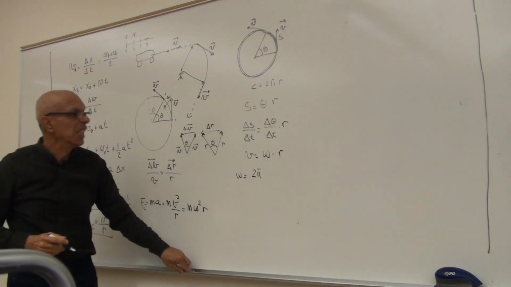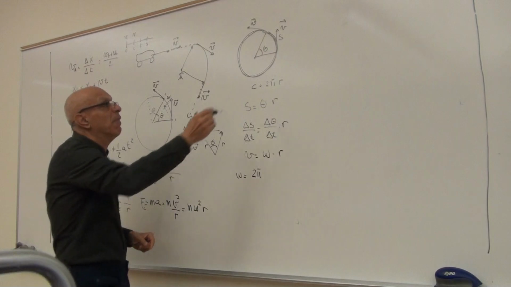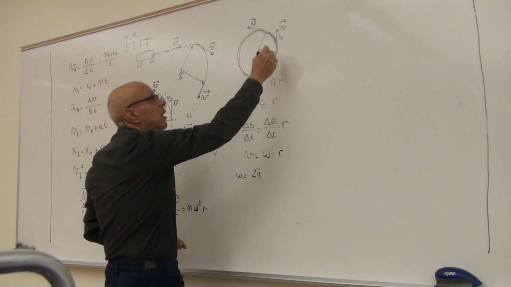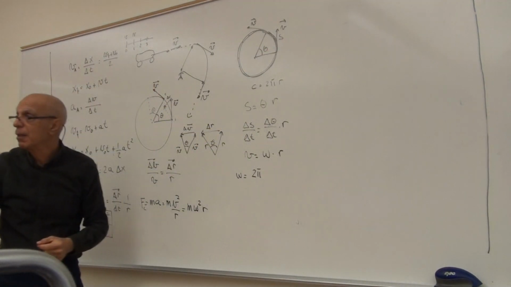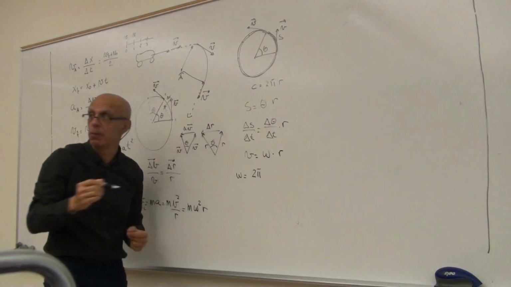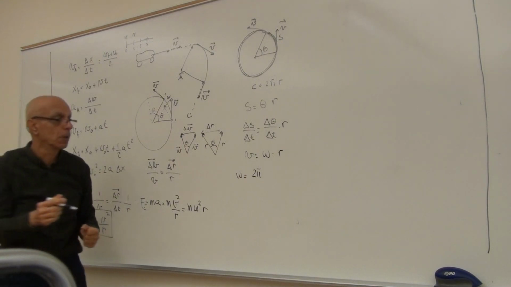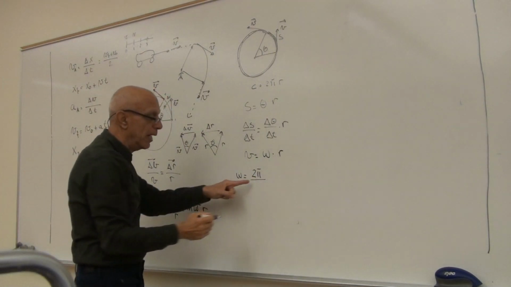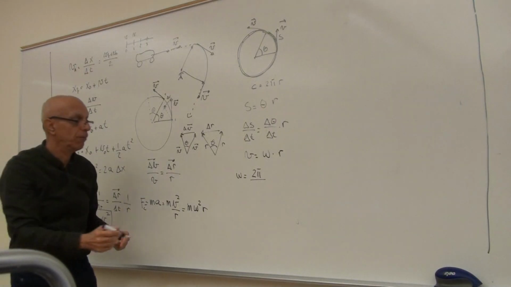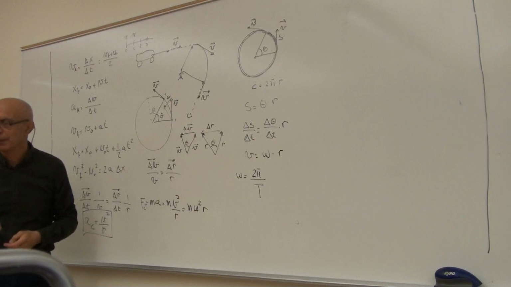If I leave this point and come back here and clock the time it takes to complete a full circle, that time we call the period. So it's 2 pi, the whole circle, divided by time, okay? That's the period.